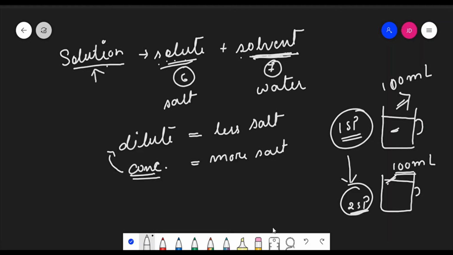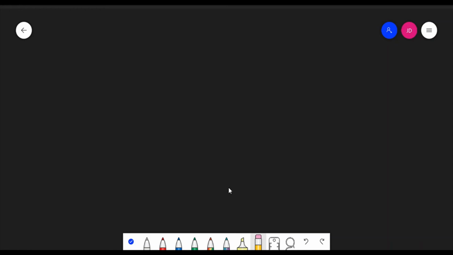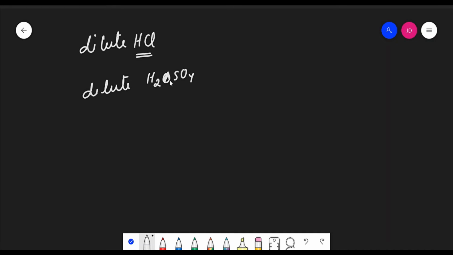So you can check all the experiments and examples given, everywhere the word dilute appears. For example, dilute HCl means less HCl and more water. Dilute H2SO4 means less H2SO4, but more water.